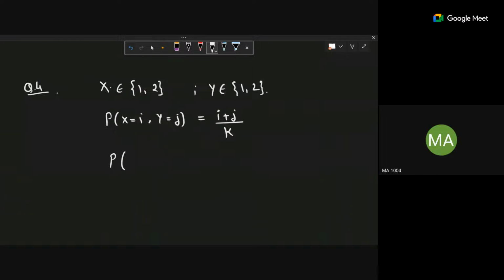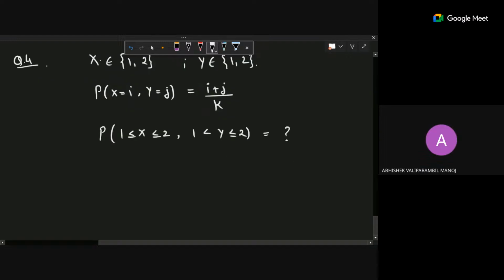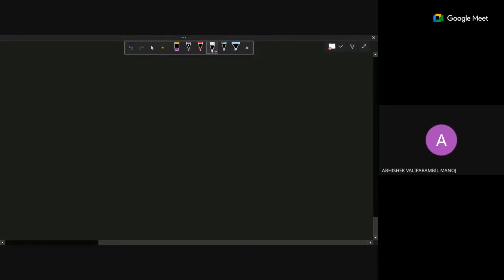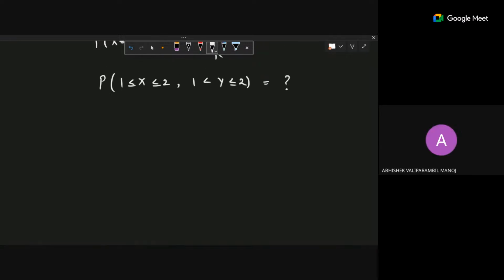And the question is the probability that x is lying between 1 to 2 and y is less than or equal to 2. So which values will it take? P(X equal to 1, Y equal to 2) plus P(X equal to 2, Y equal to 2).